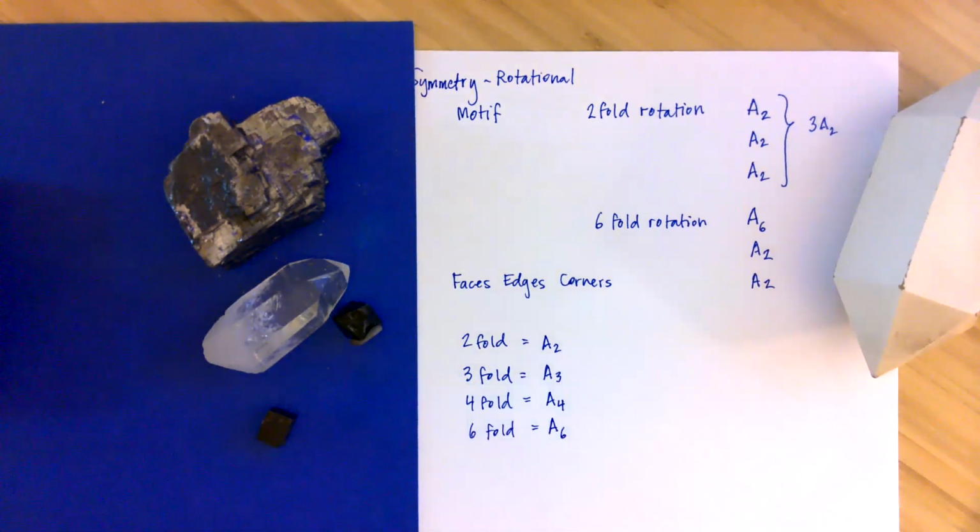So those are the ones that occur in nature for minerals, okay? So if you find something else, if you find an A8, then you've gone a little bit off. So make sure that all of your rotational axes are truly one of these options. Okay, so that is rotational symmetry in a nutshell.